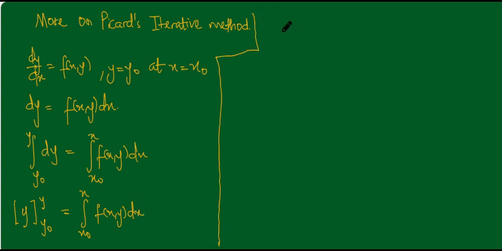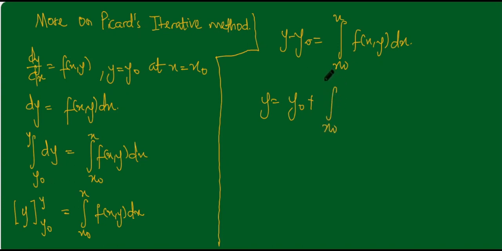So now we have y minus y naught on applying the limits, which will be equal to the integral between x naught and x of f(x, y) dx. So we have y equal to y naught plus the integral between x naught and x of f(x, y) dx.